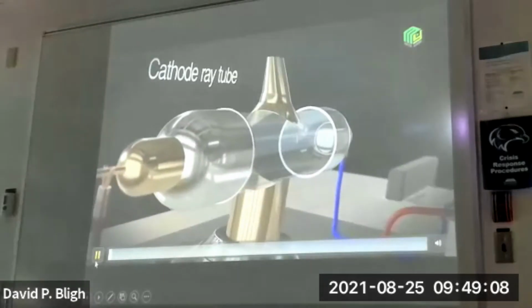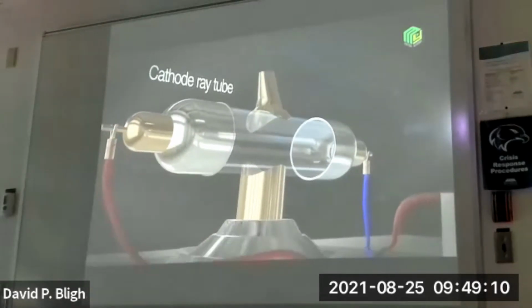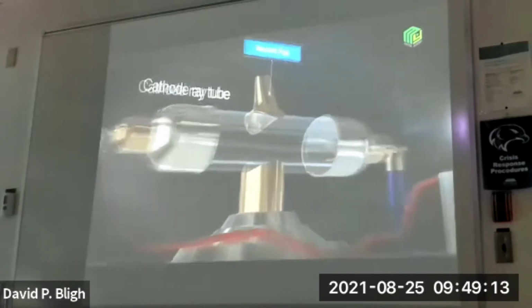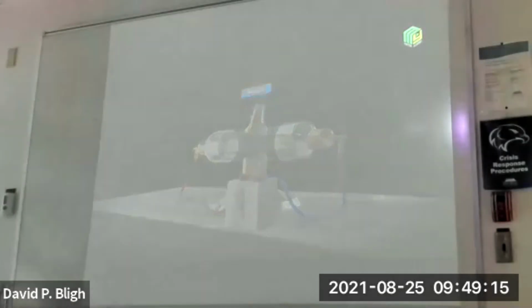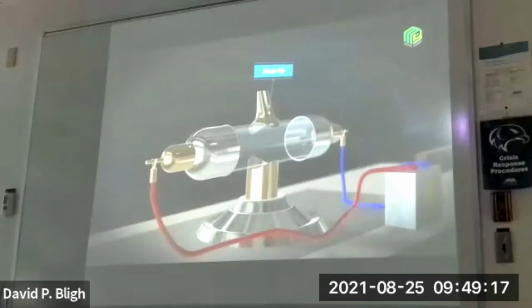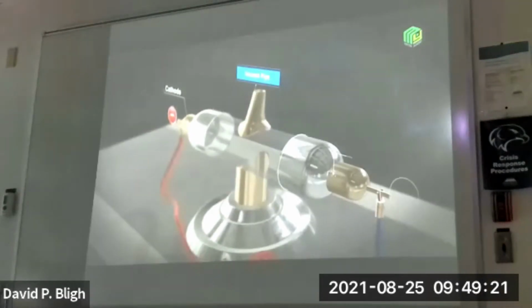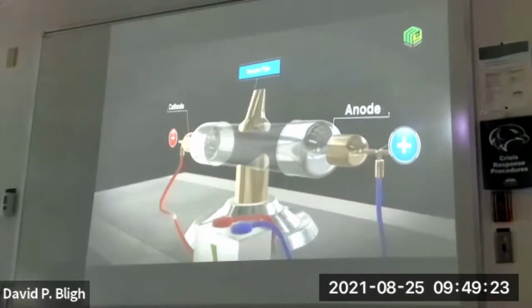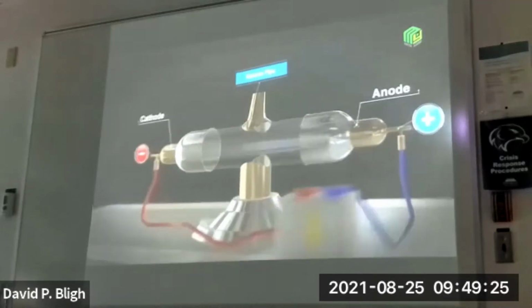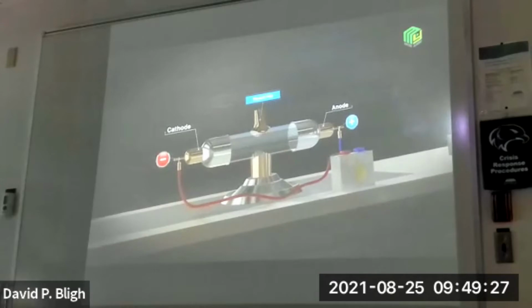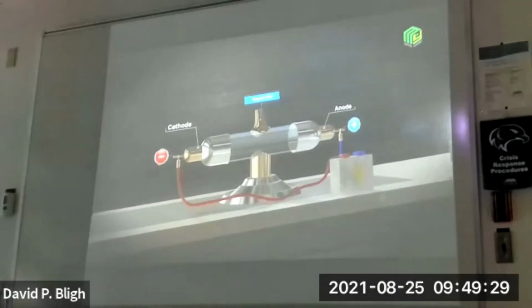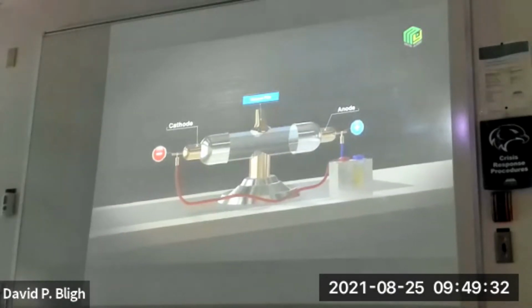Rays are produced in a discharge tube. A vacuum pump is used to evacuate the discharge tube. The cathode of the tube is connected to the negative terminal of the battery, and the anode of the tube is connected to the positive terminal of the battery. It was observed that, at normal pressure, the gas did not allow the current to pass through it.